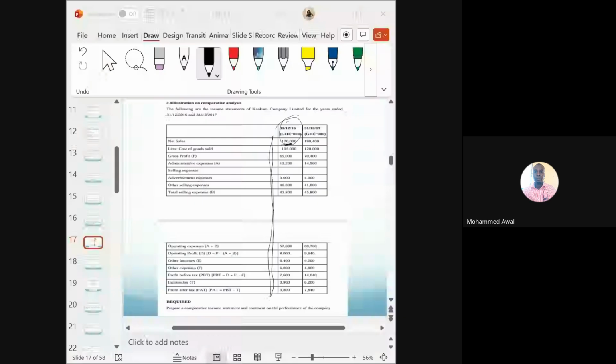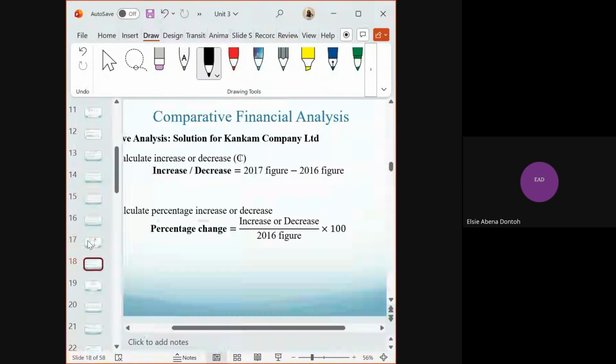It has increased, madam. Okay, so now we would find the percentage. So the 20,400 divided by 170,000 times 100, what do you get? The answer is 12.